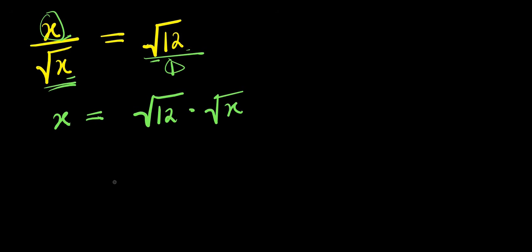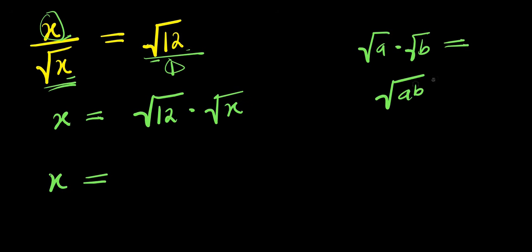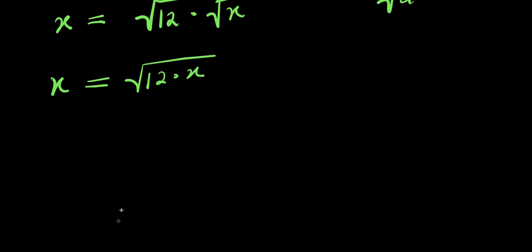So from here, I'll have x equals, if you have root a times root b, this equals square root of a times b. So that means we are going to have square root of 12 times x. So from here, I will have x equals square root of 12x.